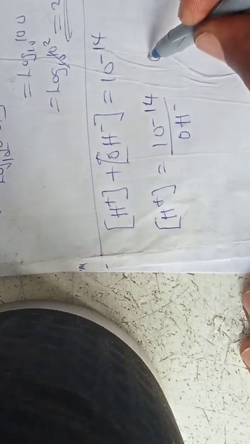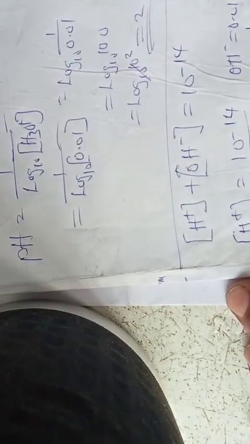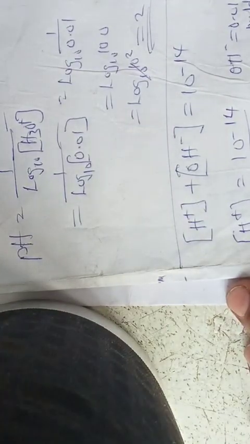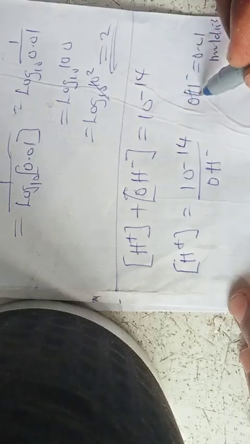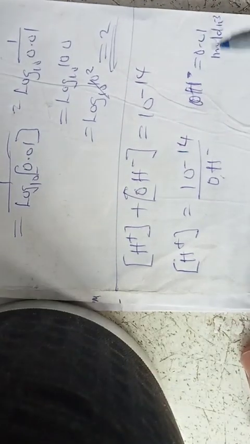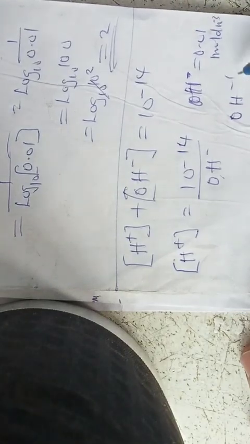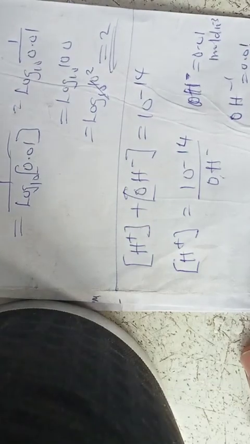The hydrogen ion is from the base, which is given as 0.01 mole per dm cube.